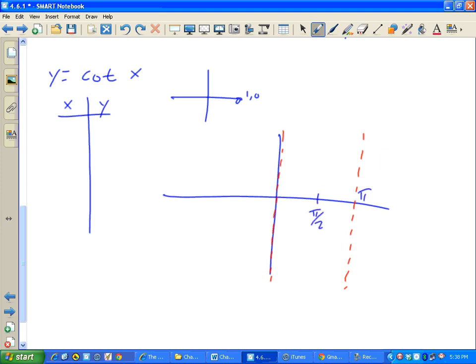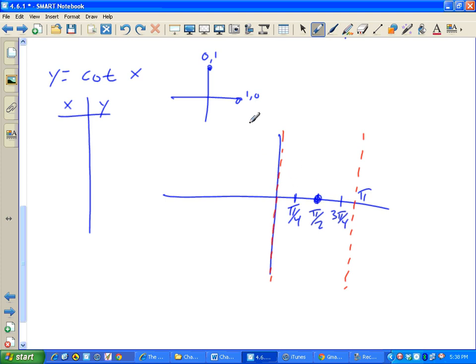Halfway in between, pi over 2, which would be up here, that's when we have a value of 0, sorry, because this is 0, 1. So I'm taking x divided by y, so I'll have a 0 there. And of course, halfway between here, I'll have my 1. Okay, so pi over 4. 3 pi over 4.